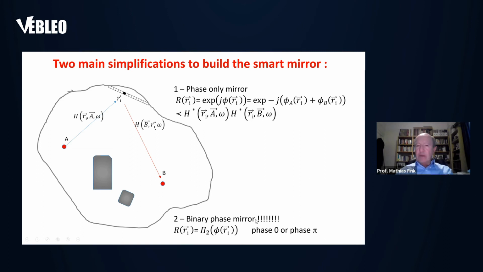And a binary phase mirror is enough if the number of pixels is big enough. It will be enough to refocus here. I will not explain the mathematical theorem about how a two-phase mirror works compared to a perfect phase mirror. But as the number of elements is bigger and bigger, it becomes really very attractive and very simple to build.